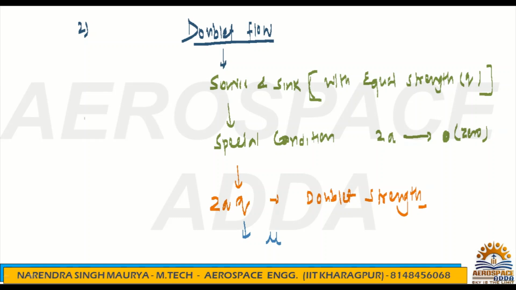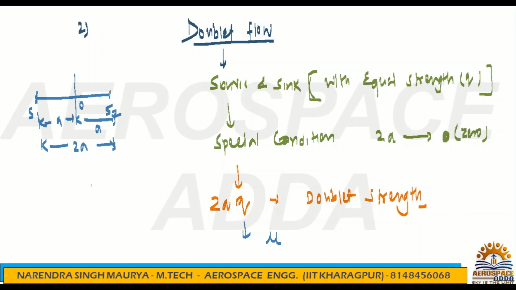Again you try to understand. Earlier this was the source S1, this was the sink S2. This distance from the origin was a, and the distance between them was 2a. This is the simple source and sink flow, at equal distance from the origin, and that becomes distance 2a.